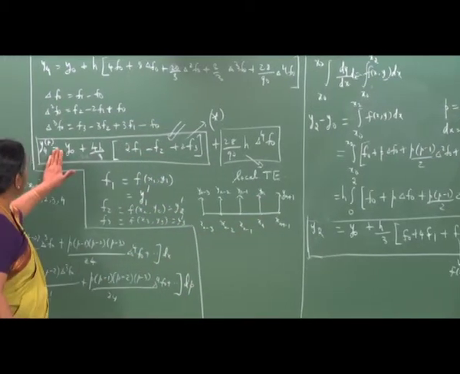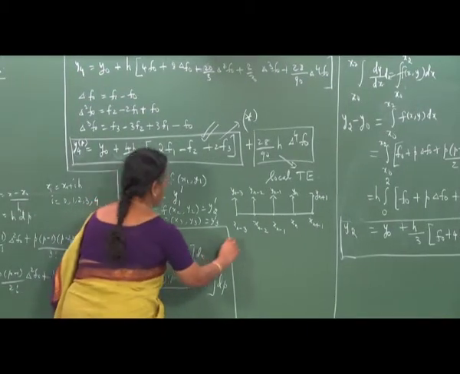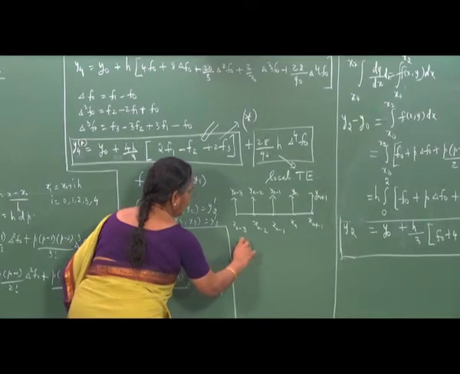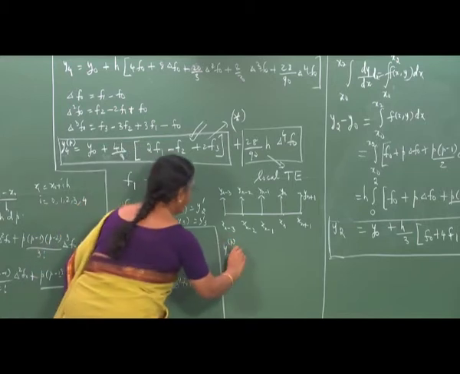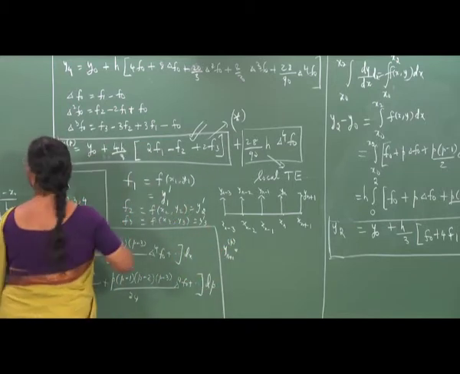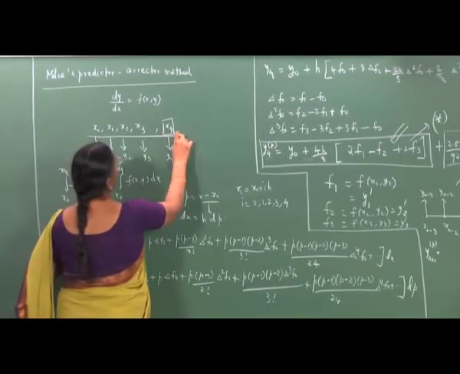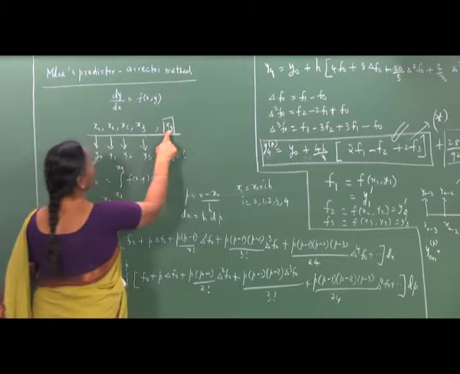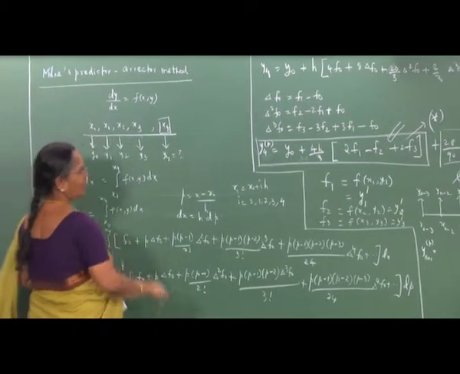So, the predictor that we have obtained can now be written as follows. Just look at this picture. y4, which has to be predicted, is given by y naught, which is the solution at x naught.